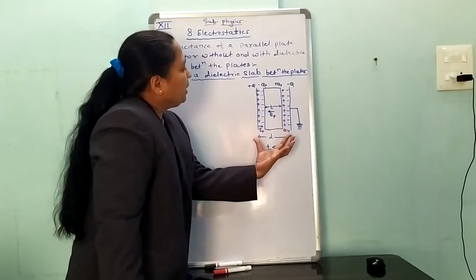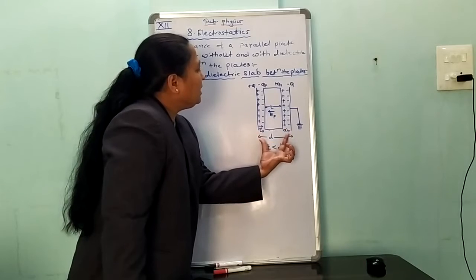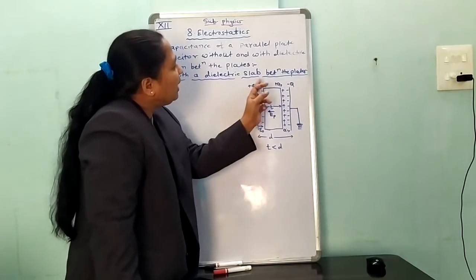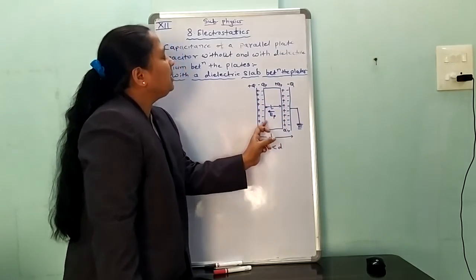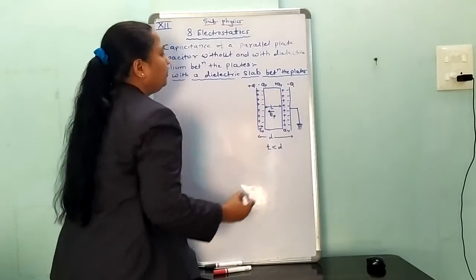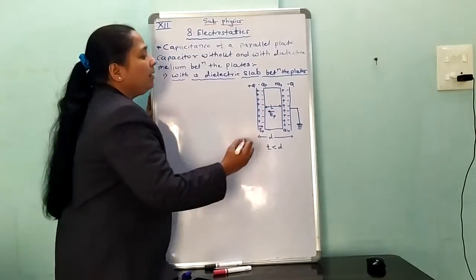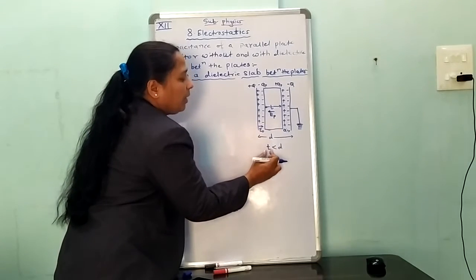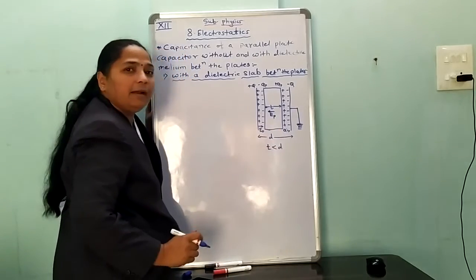The distance of separation between the plates is d, and the thickness of the dielectric slab is t, where t is very small compared to d. Therefore, t is less than d.